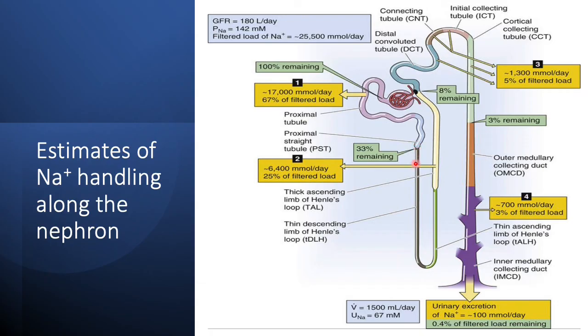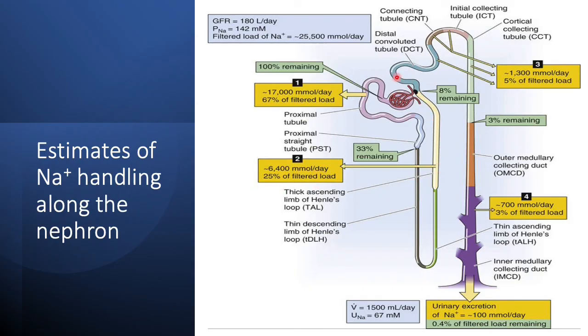Okay, and this thin part of the descending limb is completely impermeable to the solute but permeable to water. So ultimately when it is reaching here, this part does not reabsorb anything. In the thick ascending limb of Henle, 25% of the filtered load is reabsorbed.